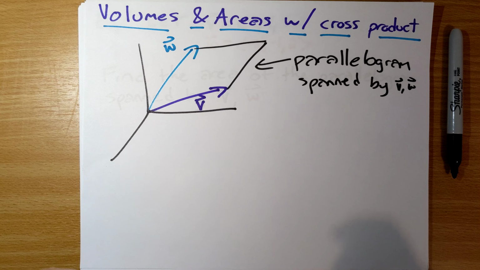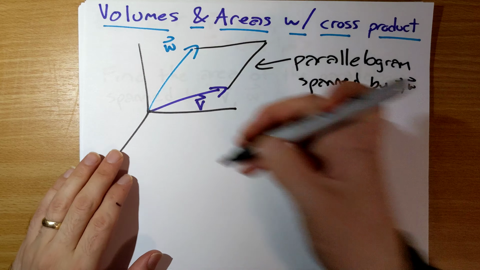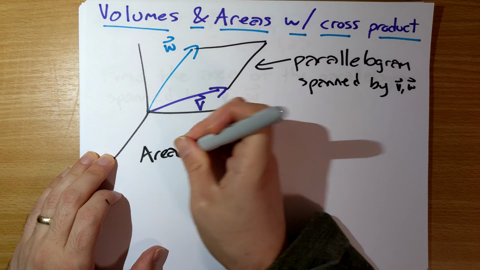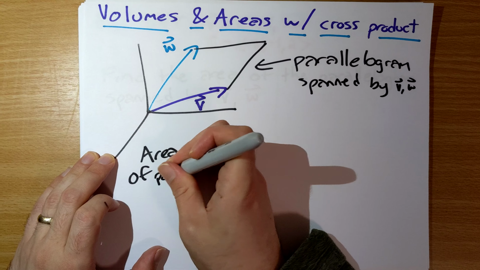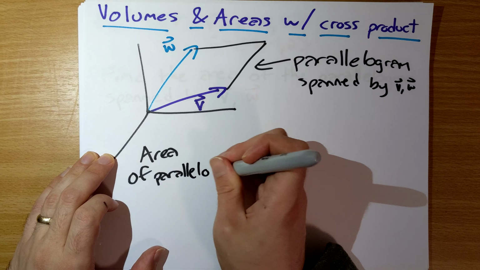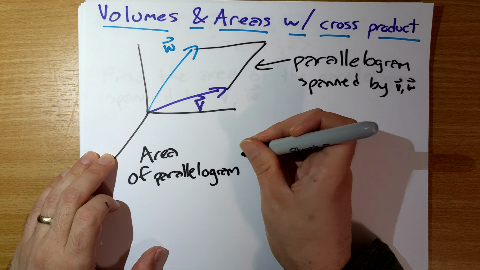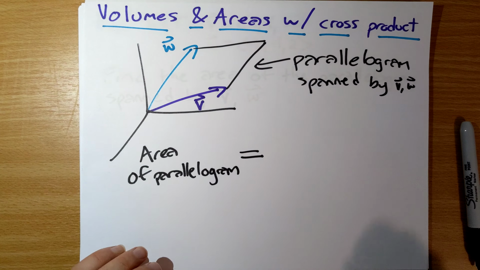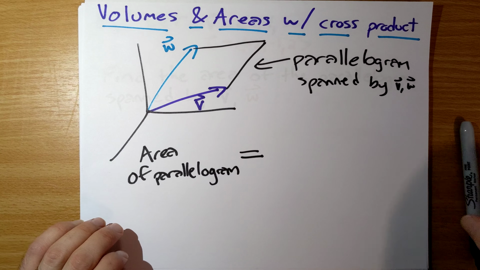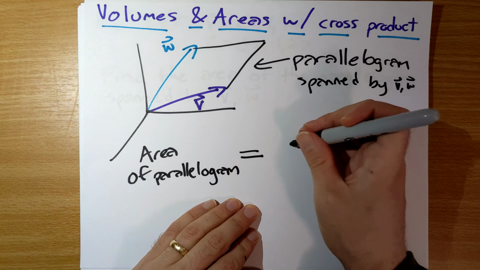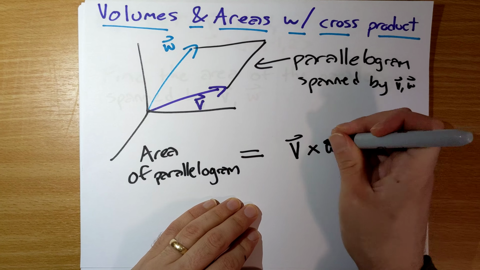And as it turns out, there is a very simple formula for the area of this parallelogram. The area is, well, I told you that you have to take the cross product, and that's all you do. Well, not quite all you do.